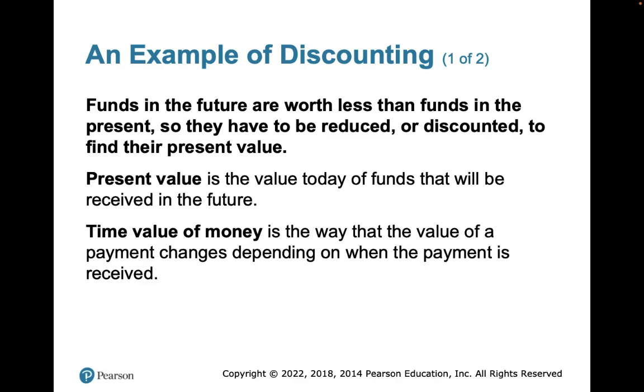And this has to do with what we call the time value of money. Time value is the way that the value of a payment changes depending on when the payment is received. The payment received now is different from the payment you're going to receive in a few years' time. Even in reality, people years before now earned less and were able to do a lot more compared to people earning so much now and doing less.